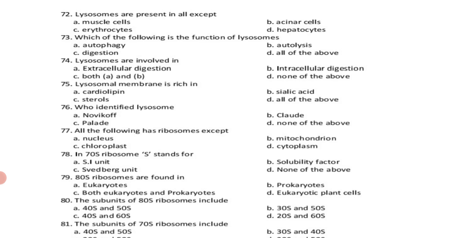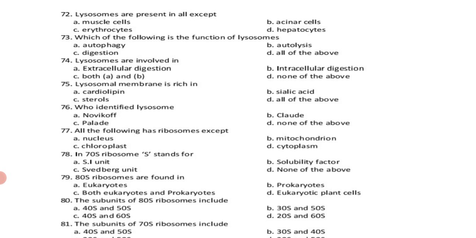Moving to question number 75, lysosomal membrane is rich in. The lysosomal membrane is a single layer made up of a phospholipid bilayer. It is rich in sphingomyelin and sialic acid.